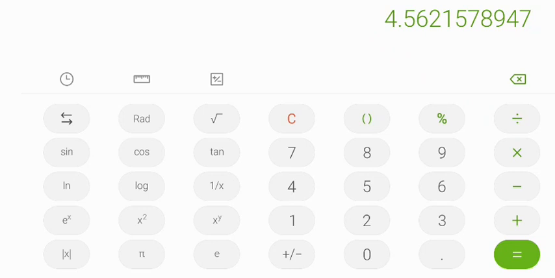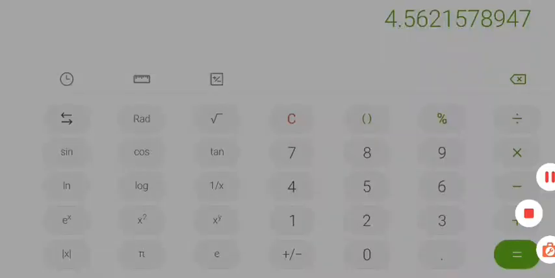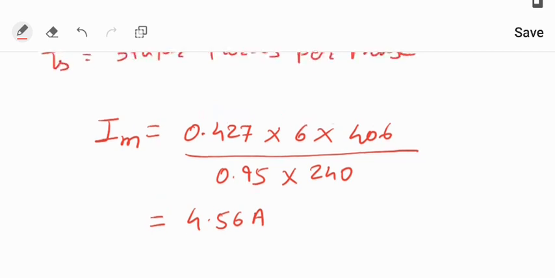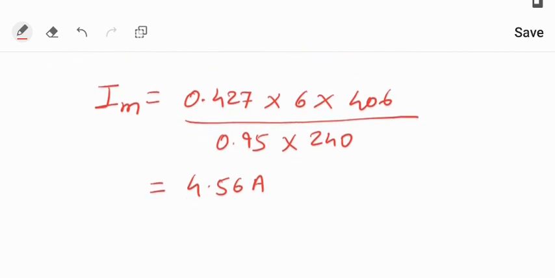So we can simply write down this answer, 4.56 ampere, as needed. That is the value of magnetizing current per phase, 4.56 ampere.